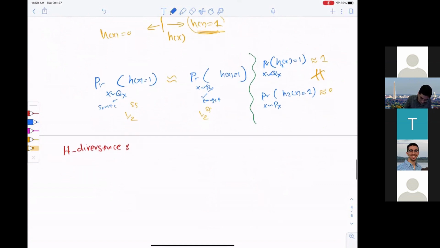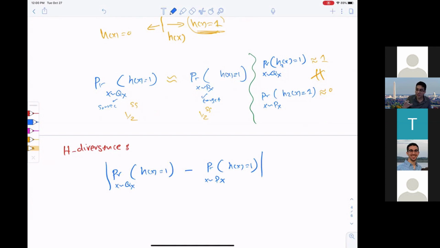So it basically looks at the two quantities: the probability of h of x being 1 when x comes from your source, subtracted from the probability of h of x being 1 when x comes from the target. Look at the absolute value of this. But for which h?